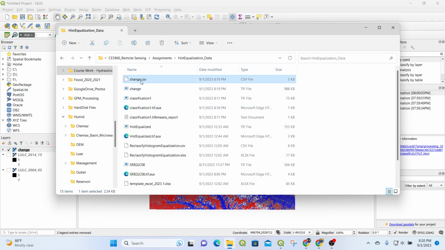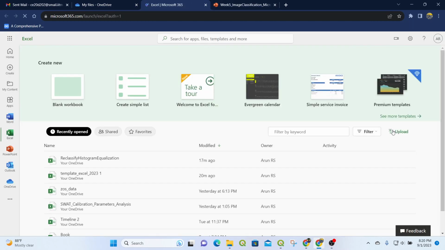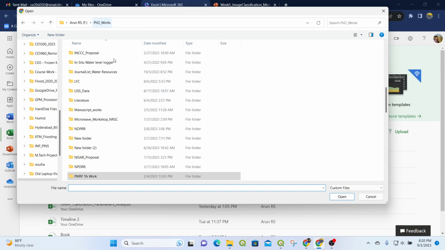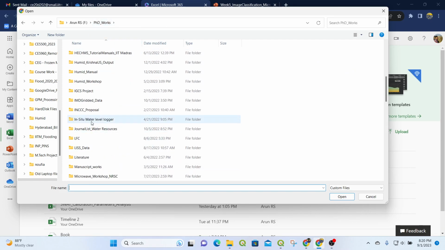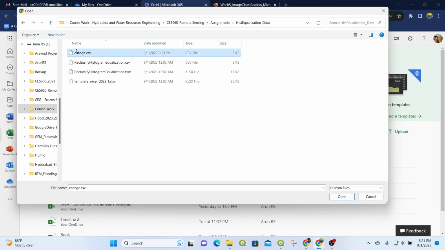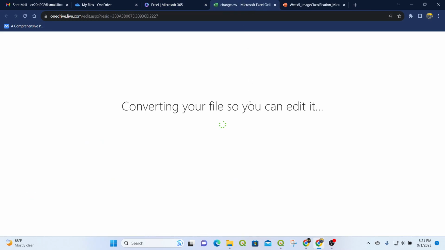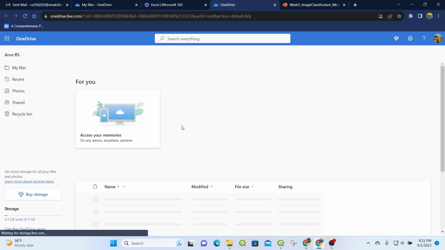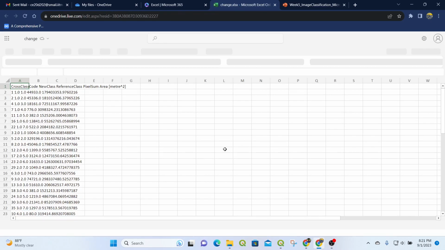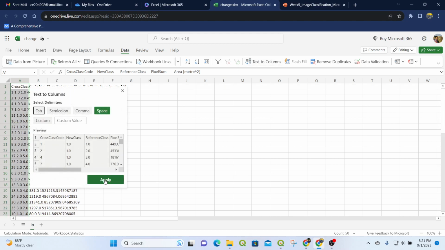So this is the change.csv. I'm going to open that in Excel. So data, text to columns, space.